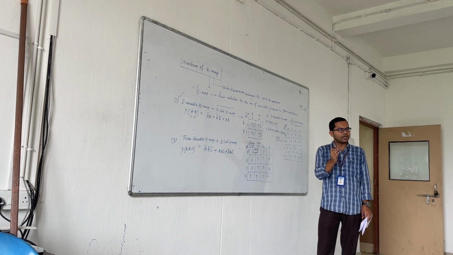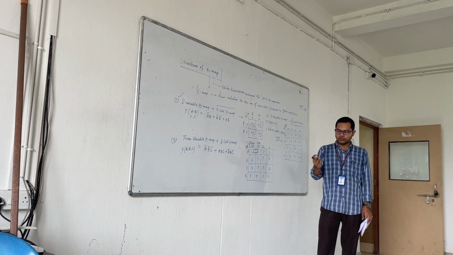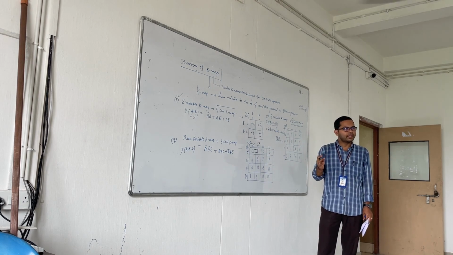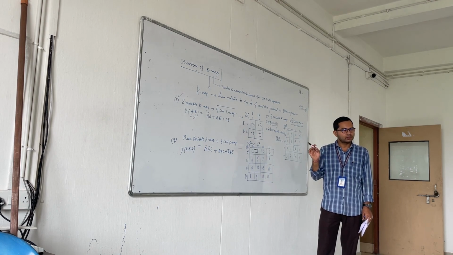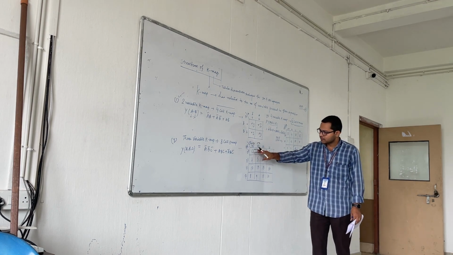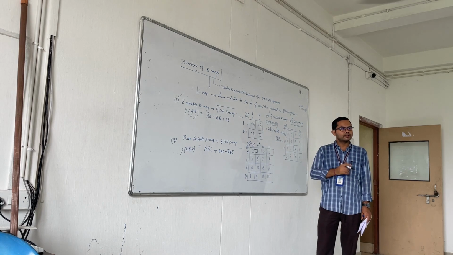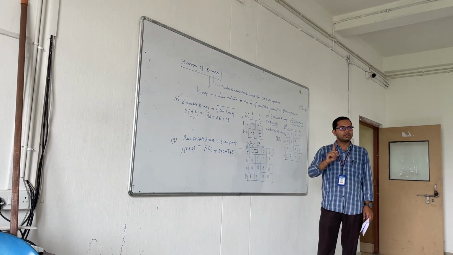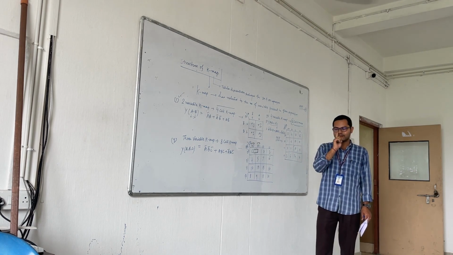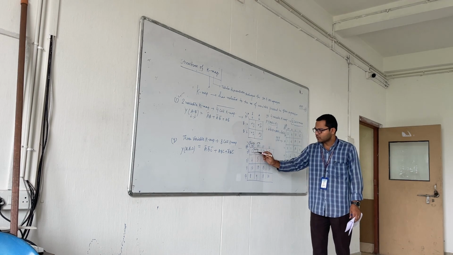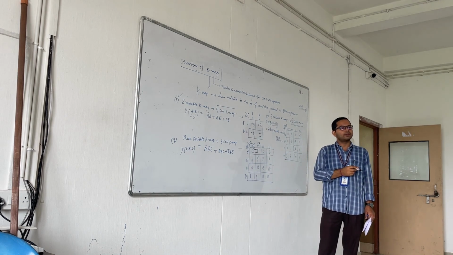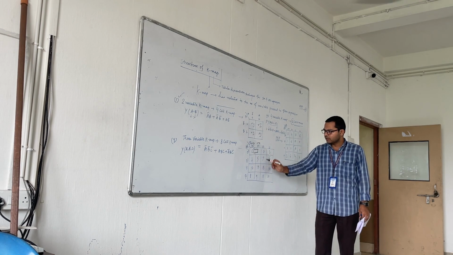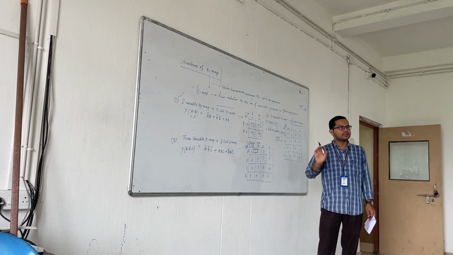So valid groups are what? 2, 4, 8, 16, 32. And if you are not getting such bigger groups, then you have to go for a single group. That means you can skip any variable in the form of minterm or maxterm. You have to take a single group. But first you have to check whether bigger groups are available in the form of 2 cell, 4 cell, 8 cell, 16 cell or not.